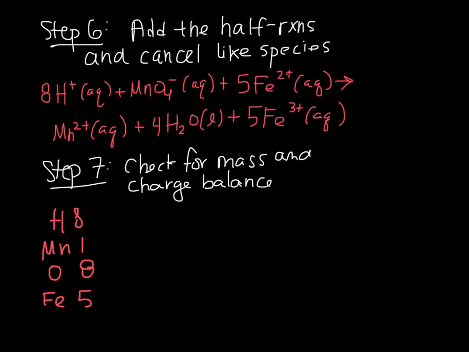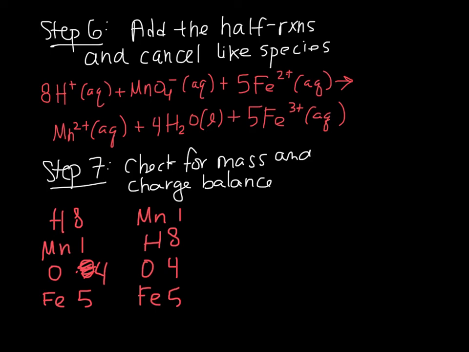On the right hand side we have manganese with 1, hydrogen with 8, oxygen with 4, and iron with 5. And I made a mistake here on the left hand side. Actually, our oxygen is just 4. That comes from right here. That's the only place we have oxygen here. So all of our numbers match up. We are okay on mass balance.